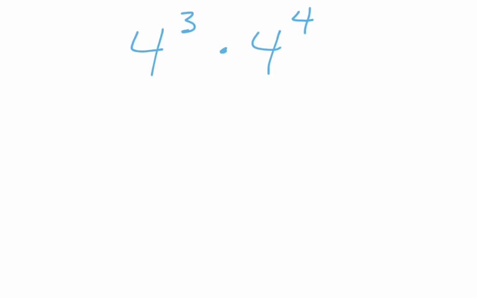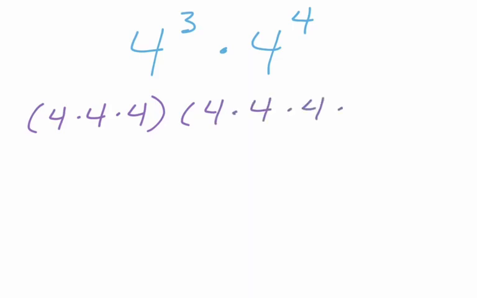Let's try another one right over here. 4 cubed times 4 to the 4th power. What we're really saying here is 4 times 4 times 4 is our 4 cubed, and then multiplying that times 4 to the 4th power, which would be 4 times 4 times 4 times 4. So how many 4's do we have?